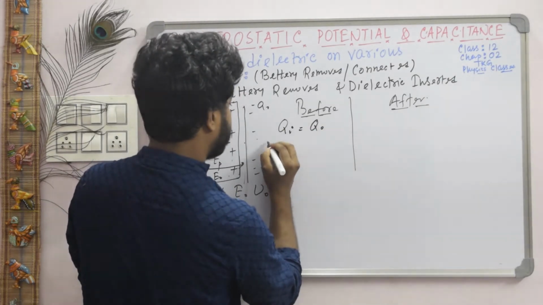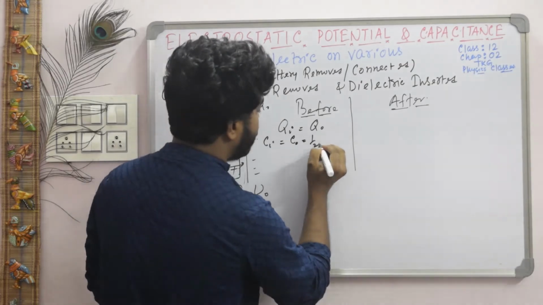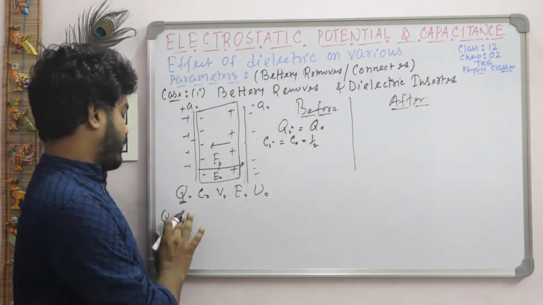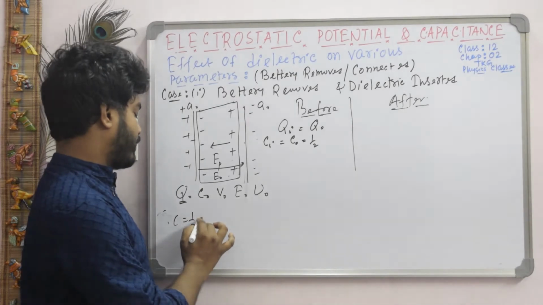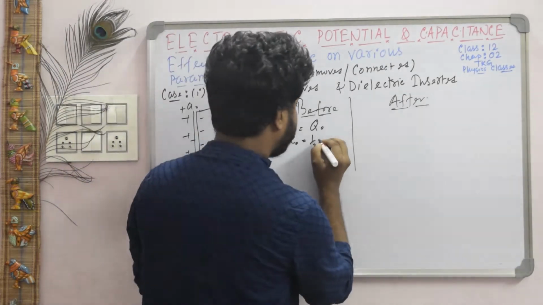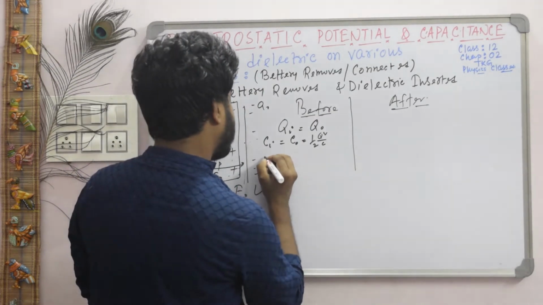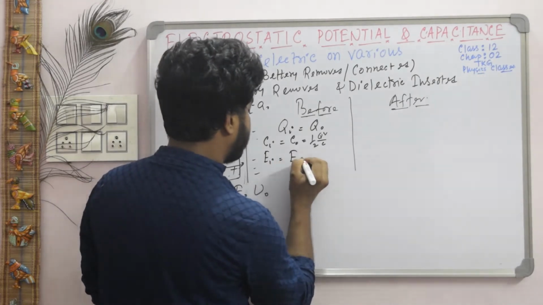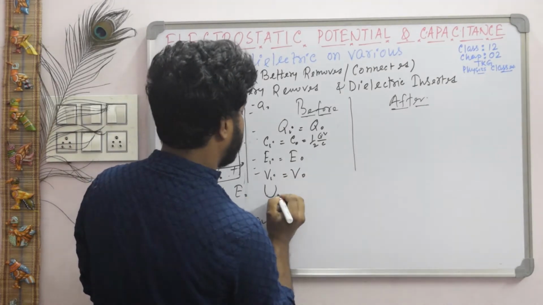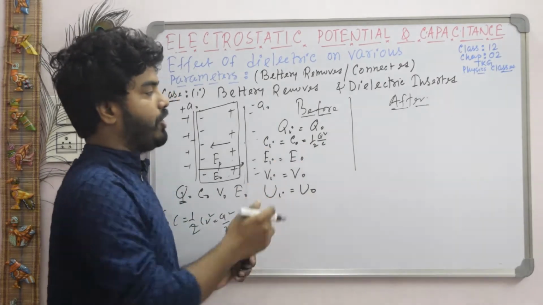The initial capacitance Ci is equal to C naught, and you know the formula for capacitance: Q is equal to CV, and energy is half CV square, Q square by 2C, and half Q into V. Write it down, half Q square by C. Now the initial electric field is represented by E naught, the initial potential by V naught, and the initial potential energy by U naught. So this is the initial condition.